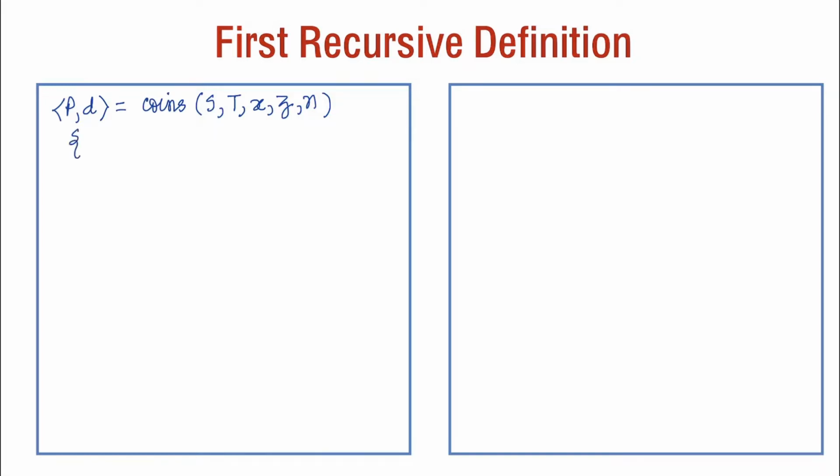Now how is our algorithm going to proceed? Let S be S1, S2, up to Sn, and T be T1, T2, up to Tm.